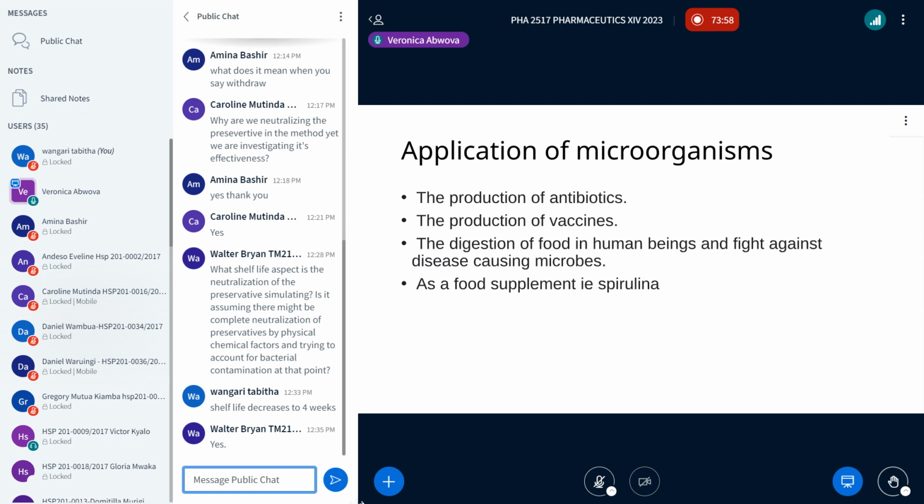So how have some of the microorganisms been applied? Production of antibiotics. You are aware of penicillin, for example. Production of vaccines. Digestion of food in human beings and fight against disease-causing microbes, and as food supplements, for instance, spirulina.